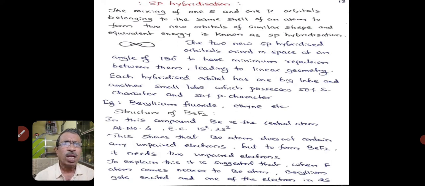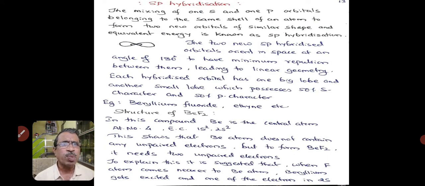Coming to the third one, sp hybridization. The mixing of 1s and 1p orbitals belonging to the same shell of an atom to form two new orbitals of similar shape and equivalent energy is known as sp hybridization.